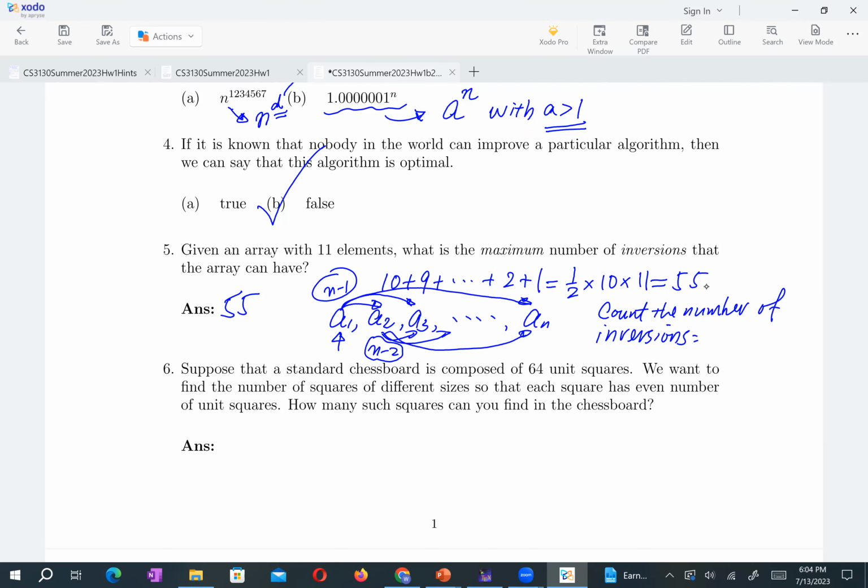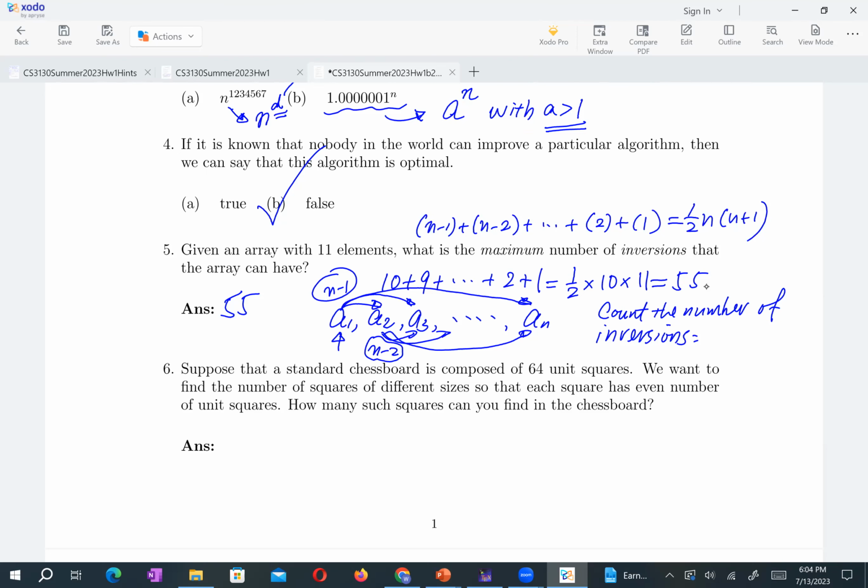So the general formula will be n minus 1 plus n minus 2 plus all the way to the last ones, 2 and 1. So it is 1/2 n times (n plus 1).